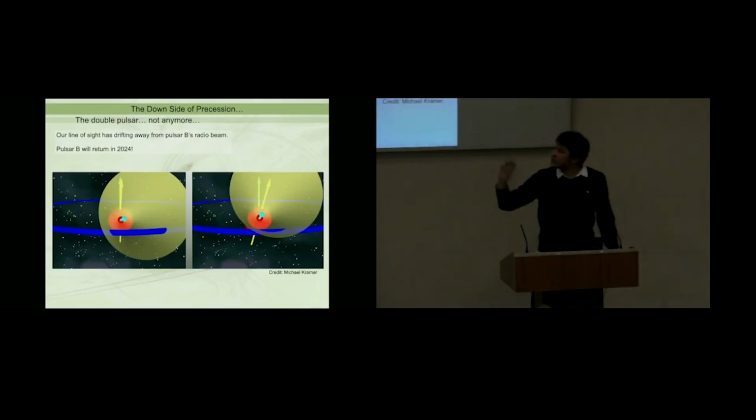Okay? So it has disappeared around 2009. But with the modeling, we can actually tell when it will become visible again, and that should be around 2024. So maybe you'll re-invite me for another public lecture in about 6 years' time, and then we'll see if I was correct. So thank you very much for your attention.